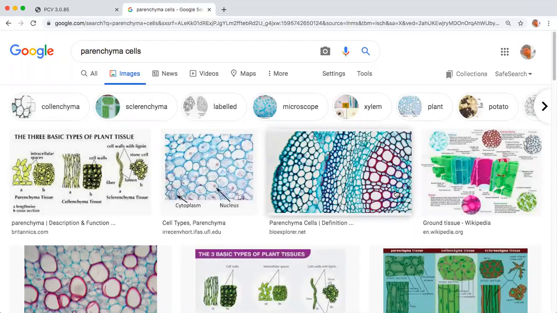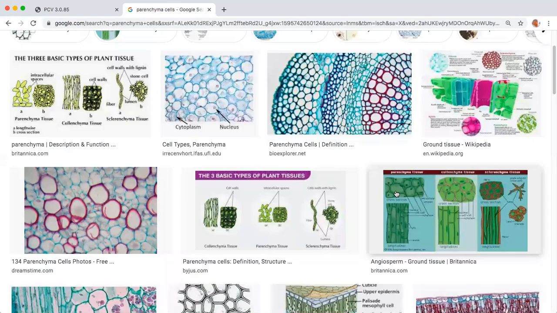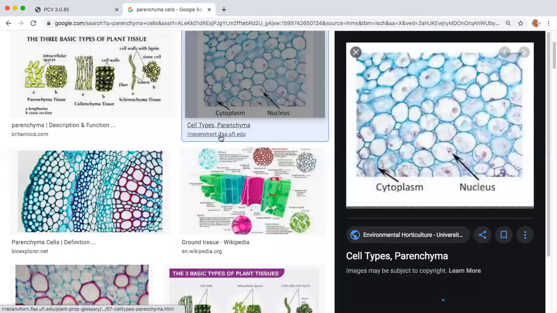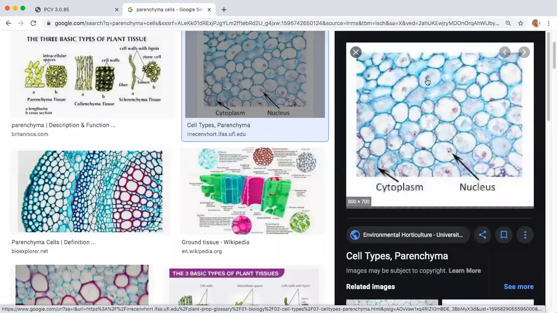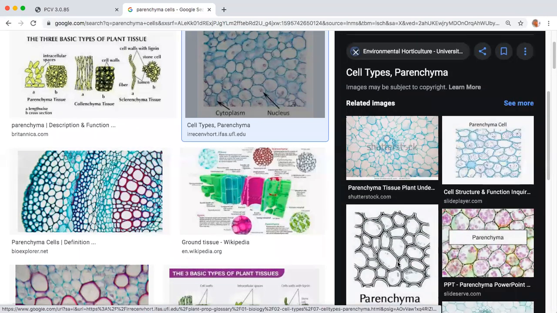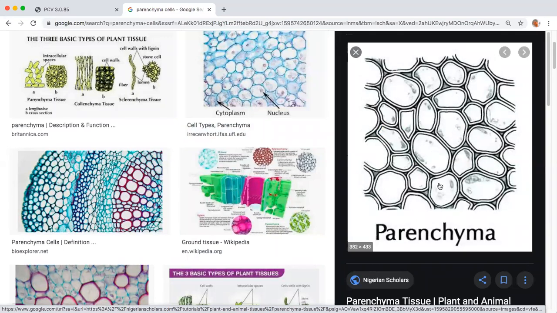If you take a tissue and see it under a microscope, you will be able to see this kind of cells. This is how your parenchyma will look. Mostly it is oval or irregular shaped, oval and spherical.